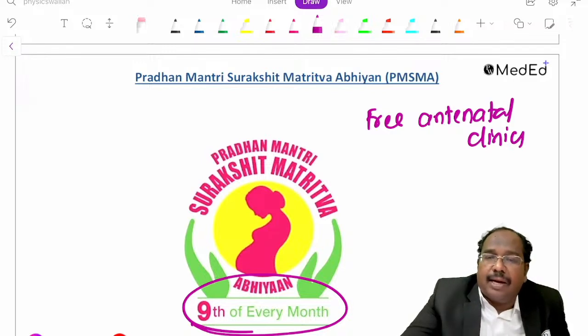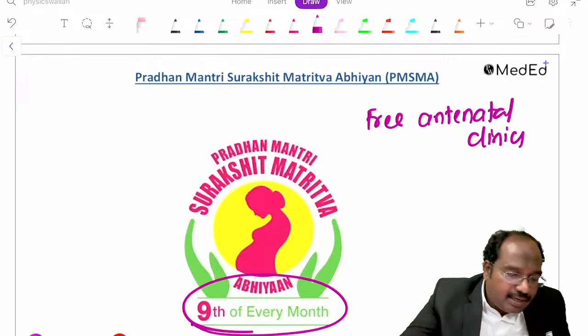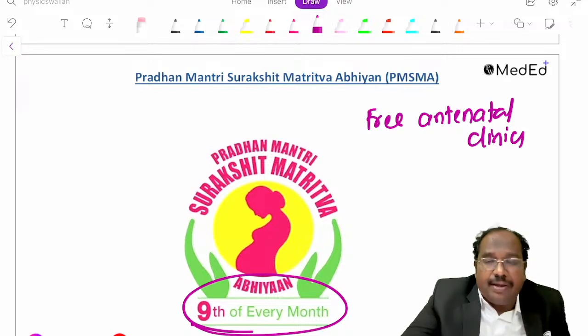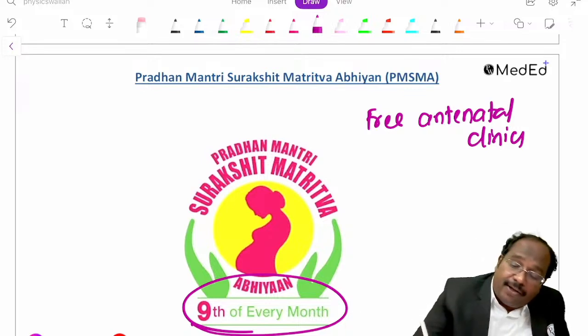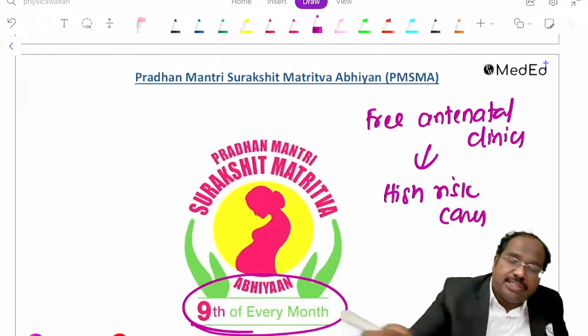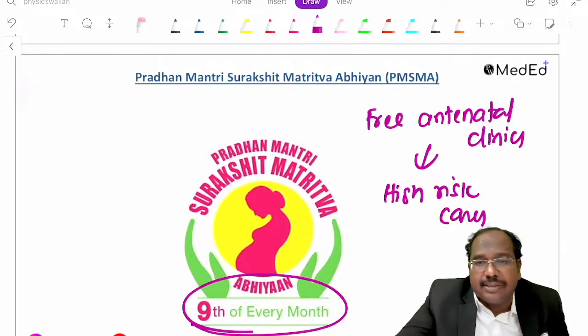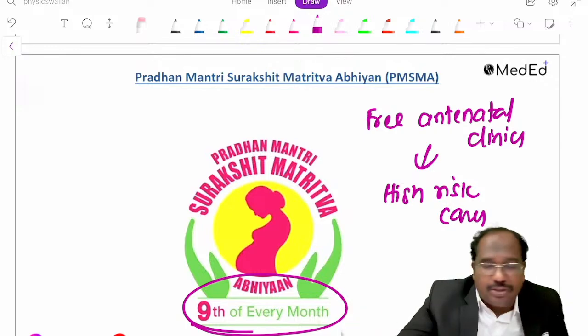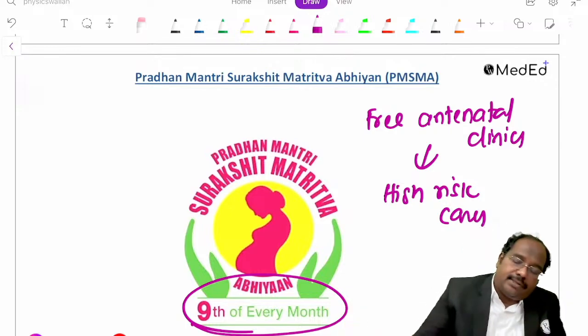Antenatal women can go there and get checked. The purpose is to identify high risk cases. In the MCH card they will mark stickers: a red sticker means it's a high risk case, a green sticker means it is not a high risk case.